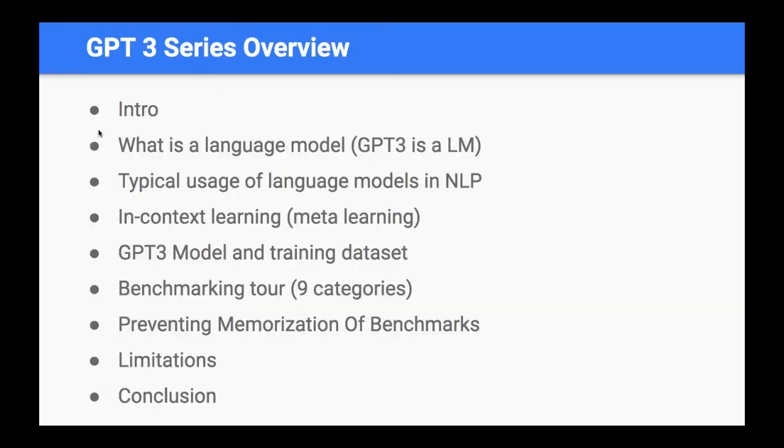So this is just the brief outline of the series. Basically, this video introduces GPT-3, and I will also talk about what language models are and what the usages of language models are. And more importantly, GPT-3's original goal, the main goal, which is meta learning. It's a way to use very little or even no data to learn many things.